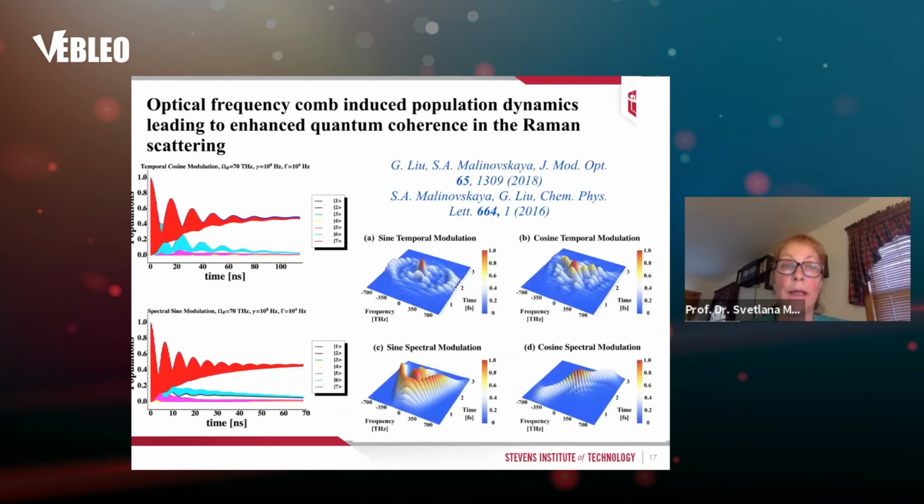Here the Wigner plots of these 4 cases of the modulated optical frequency comb are shown on the right panel. A and B show the time modulation, sine and cosine, and C and D show the frequency or spectral modulation, sine and cosine.